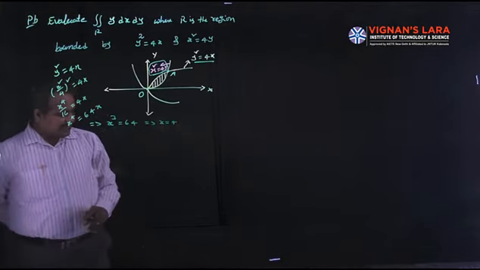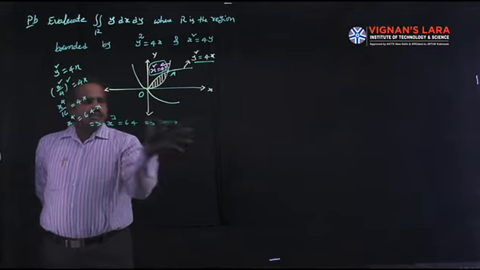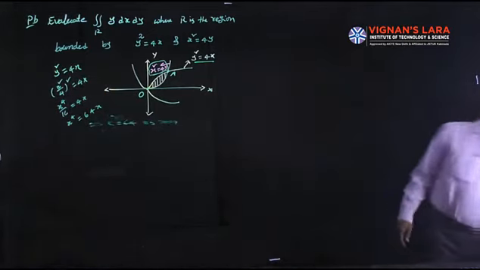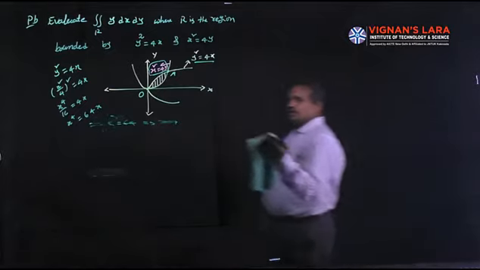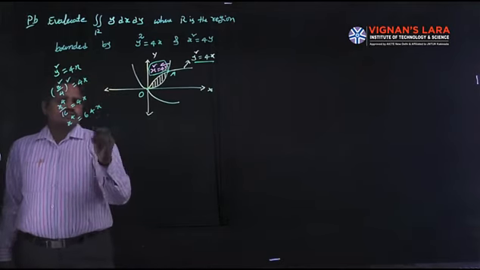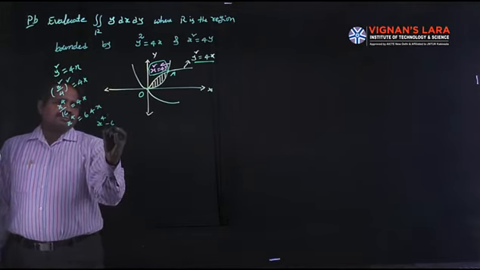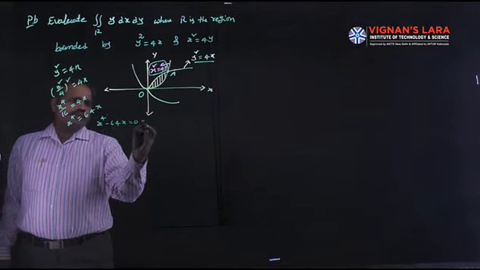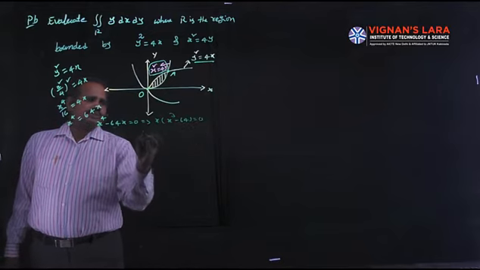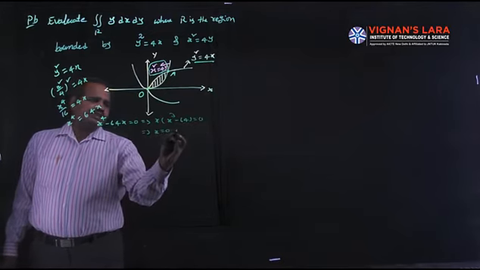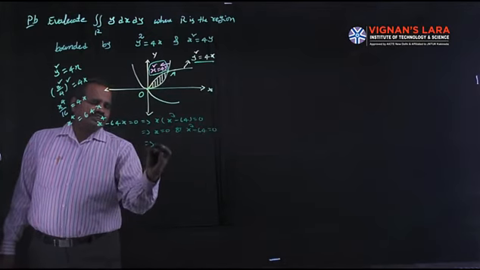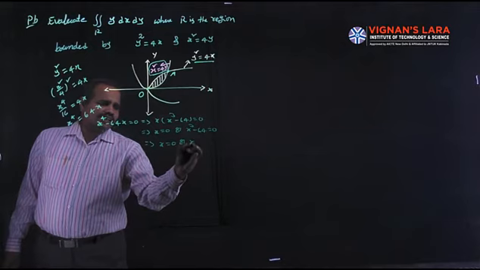So how do we get x is equal to 4? See here, x power 4 minus 64x is equal to 0. Both have the common x, so x cube minus 64 is equal to 0. That means x is equal to 0 or x cube minus 64 is equal to 0, which is nothing but x is equal to 0 or x is equal to 4.